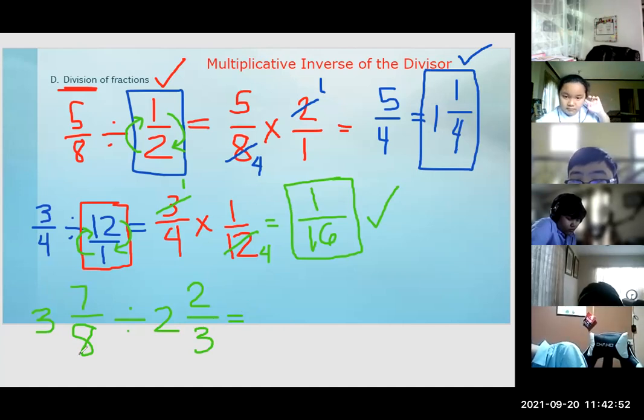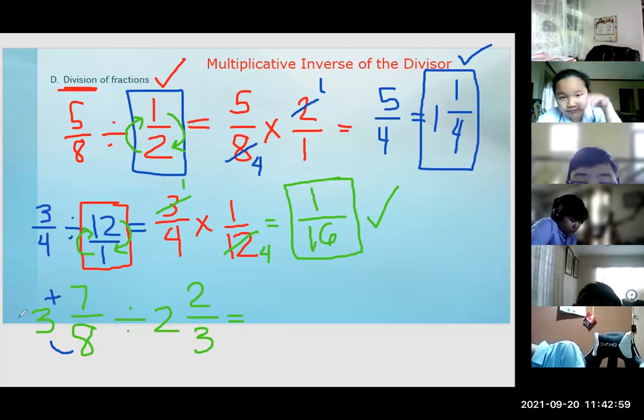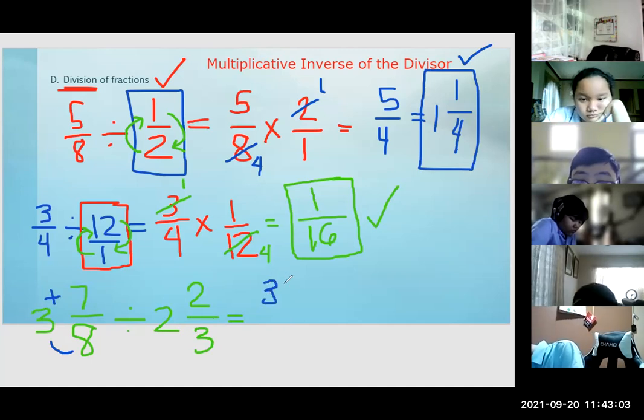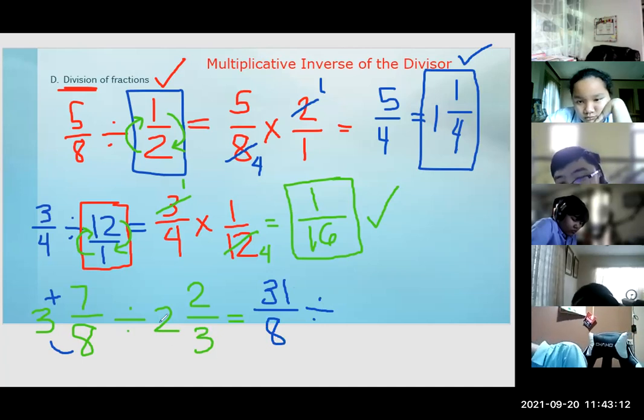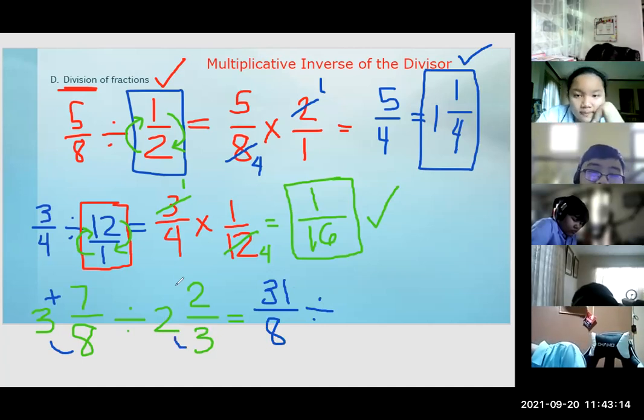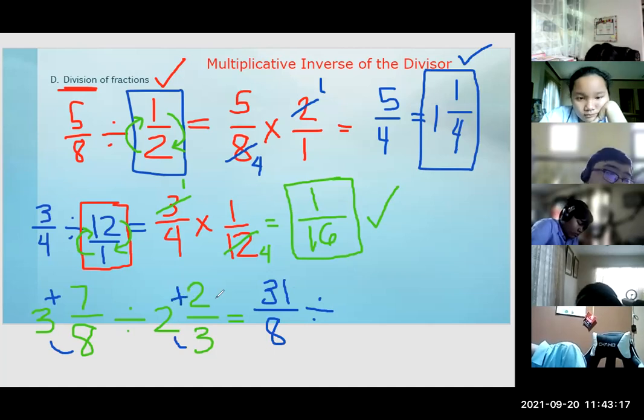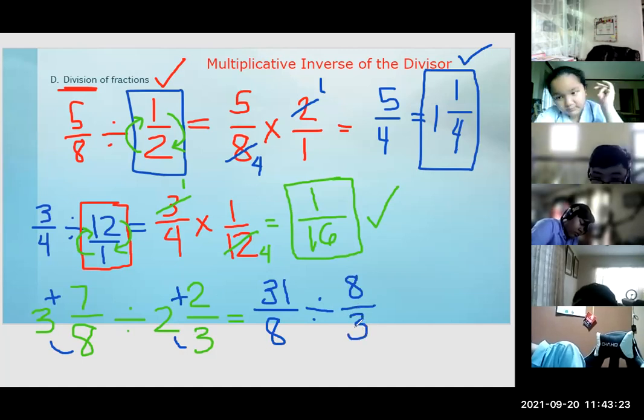Improper fraction first. Multiply and then plus. 8 times 3, 24, plus 7, 31. Copy the denominator 8. 3 times 2, 6, plus 2, 8. Copy the denominator 3.